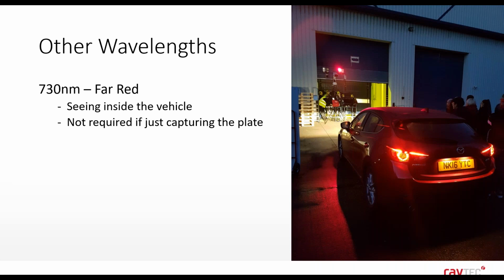We have actually done a separate webinar on that a year or two ago, which is available on our website if that's of any interest. But generally, 730nm wouldn't be used for the sole purpose of capturing the plate. As you can see from the image there, it just gives off a distinctive red glow with the illuminator positioned just on the shutter of the exit there.